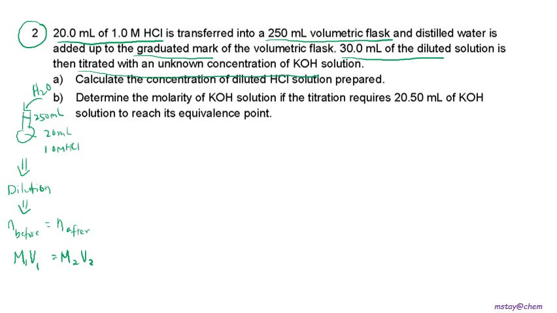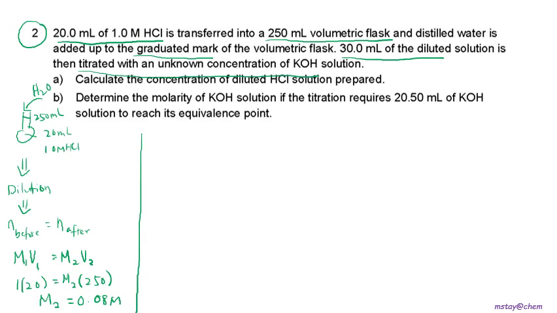Before the dilution, the concentration of HCl is 1, volume is 20. The concentration after water is added, we have no idea, but we know the volume of the solution is 250. So the concentration after the water is added will equal 0.08 molar.